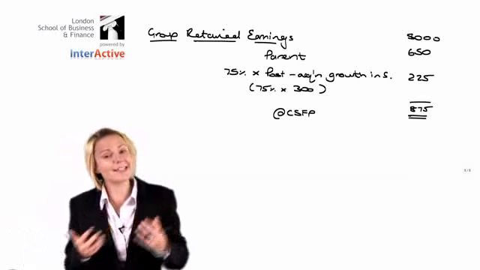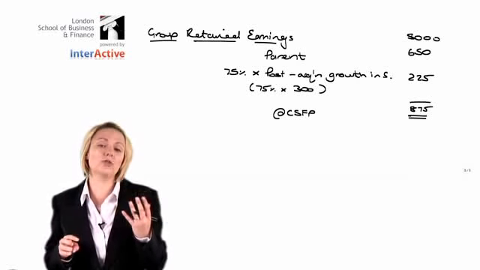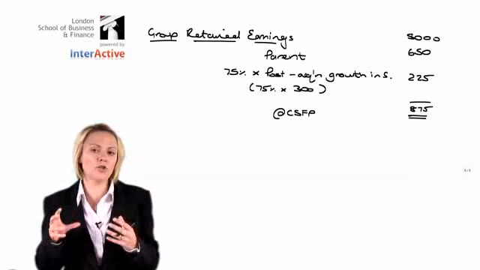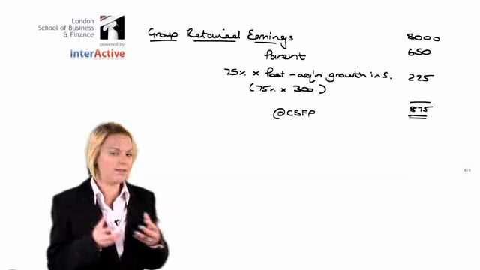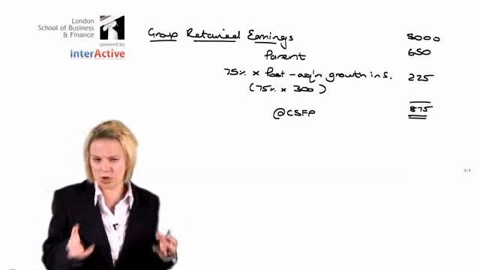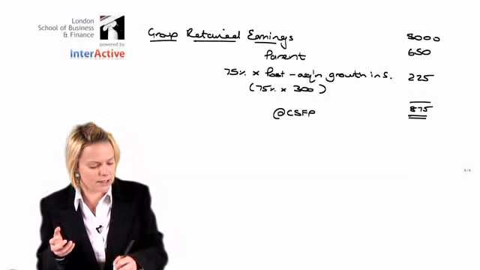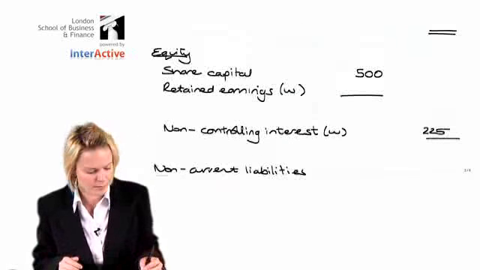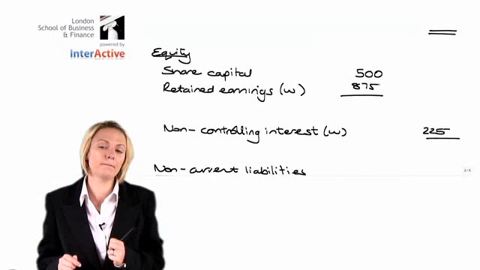And that's why we only take 75% of the growth and not 75% of the total retained earnings of 400. Because of that 400, 100 of that was already there before we acquired them, and therefore we wouldn't have been entitled to a share of that. So, 875 is going into our consolidated statement of financial position, and that's our final figure.